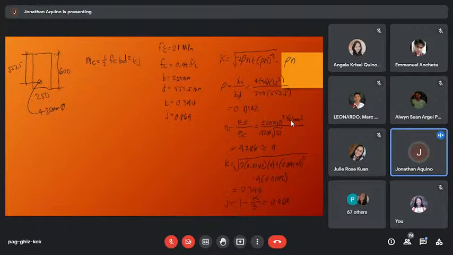From here, we can now solve for the value of MC, the moment capacity considering concrete. So MC is 1/2 times FC, where FC is 0.45 of F prime C, times B of 250 times D of 552.5 squared times K of 0.394 times J of 0.869.